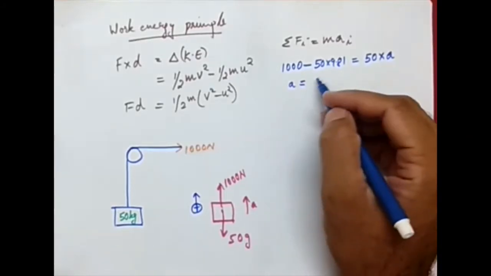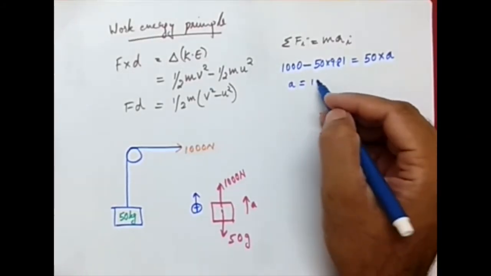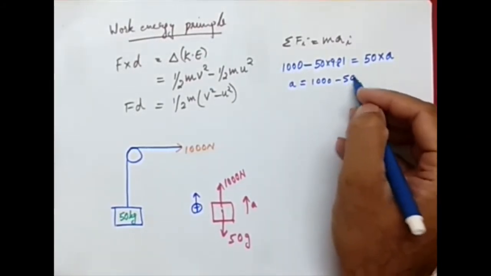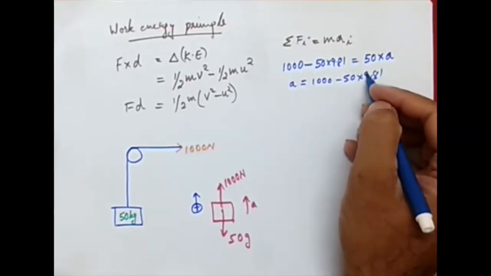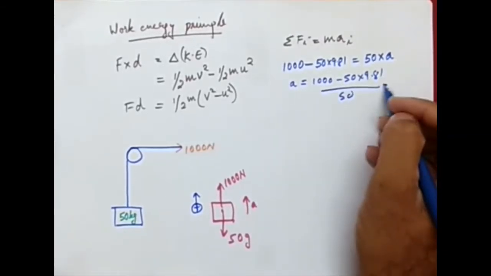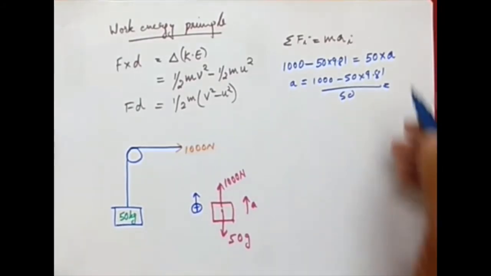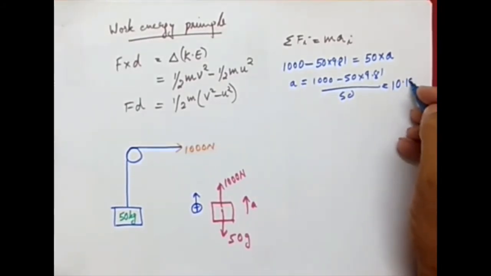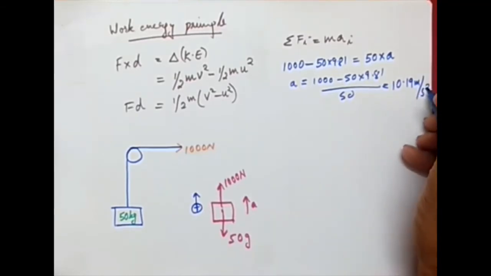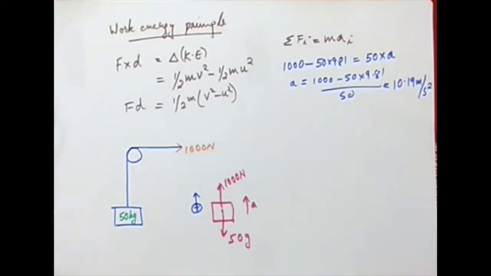The acceleration will be 1000 minus 50 into 9.81, divided by 50. I'm going to get a value of 10.19 meter per second square.